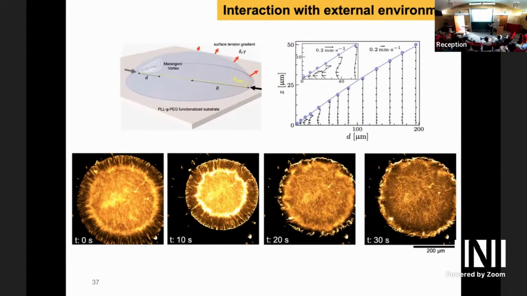This is the reason why there is a limit for this contraction, up to the point where the water is evaporated, and you have the salt increase, the PEG increase that reduces the activity of the network, and of course the Marangoni flow is also reduced because you don't have the gradient in the surface tension anymore.